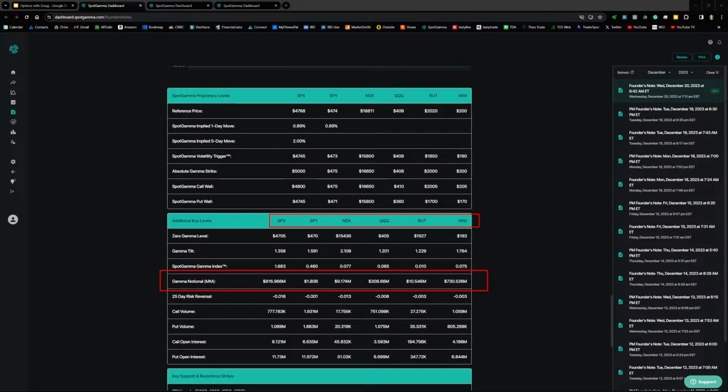This is updated once a day, provided to SpotGamma subscribers in the AM Founder's Note. Note all these numbers are positive. So what SpotGamma assumes for an index is that traders are short calls, market makers are long calls in a positive gamma environment, and they have to trade against price to hedge their delta exposure. So again, all these numbers are positive, and they did increase from yesterday.